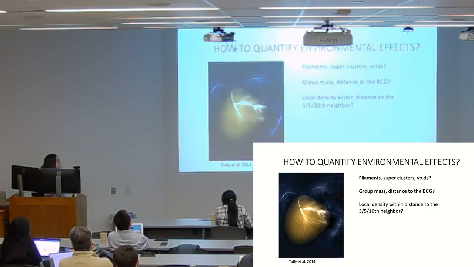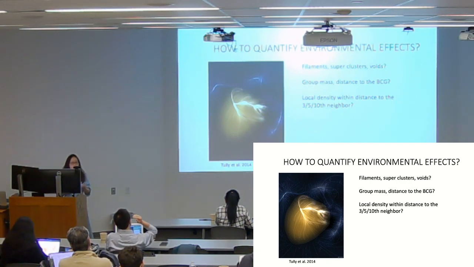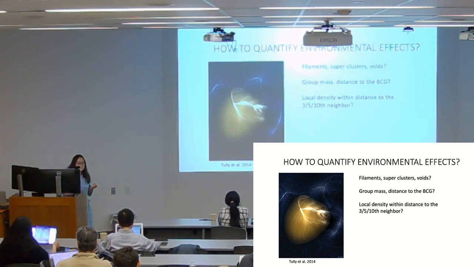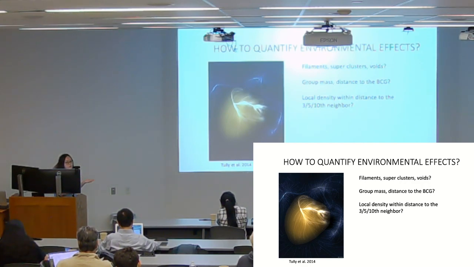Okay, I'm going to talk about environmental effects and galaxy evolution. Environment is considered one of the major factors that drive galaxy evolution. But as observers, when we talk about environment, what parameters do we use to quantify it? We use filaments, superclusters, and voids to describe the large-scale environment.